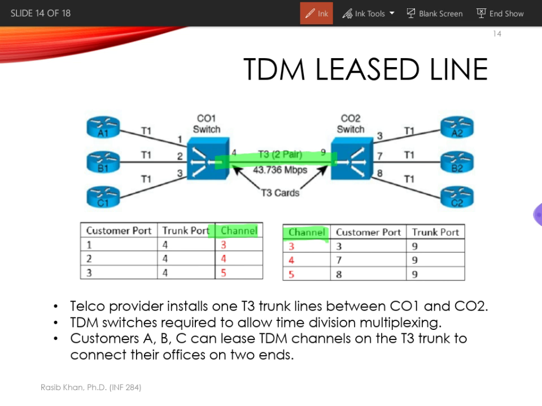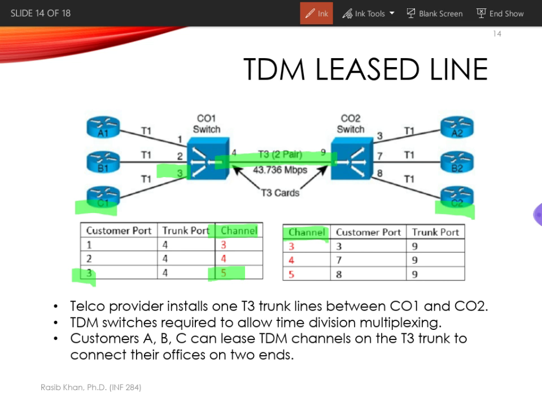So now, instead of leasing a whole cable, a customer, let's say customer C, if it wants to connect its two offices, C1 and C2, will request the WAN provider: okay, I will lease a port on your switch and a channel on the T3 trunk.